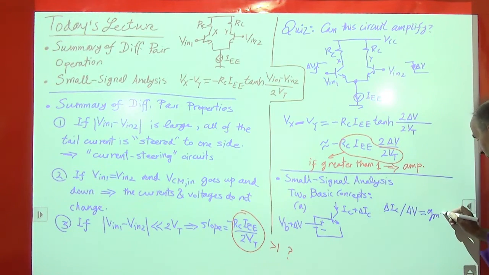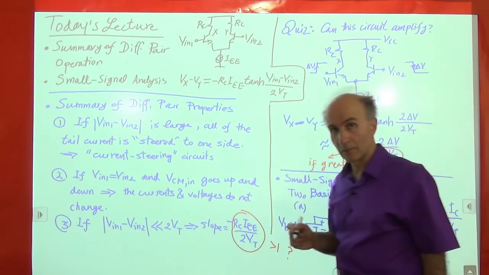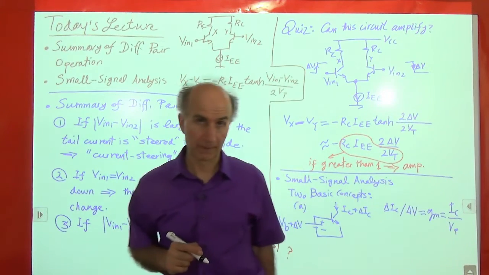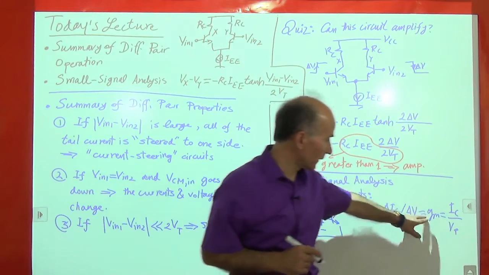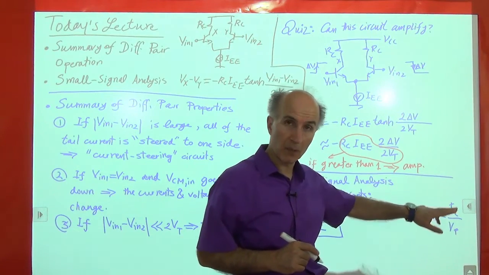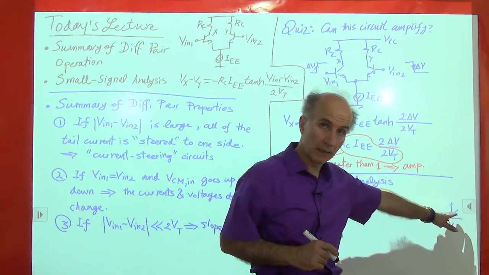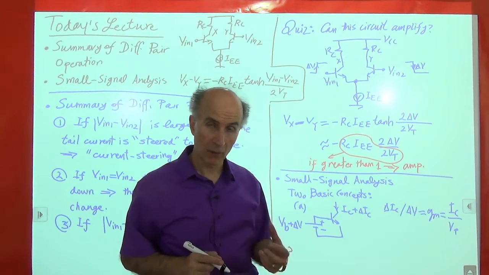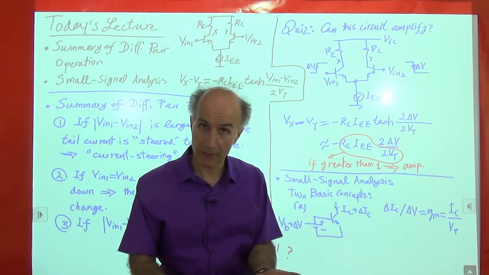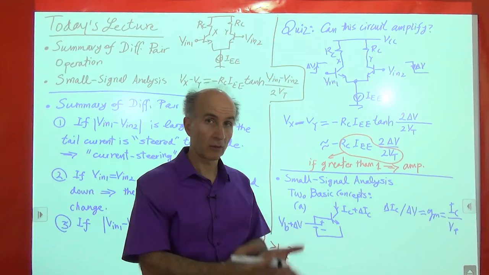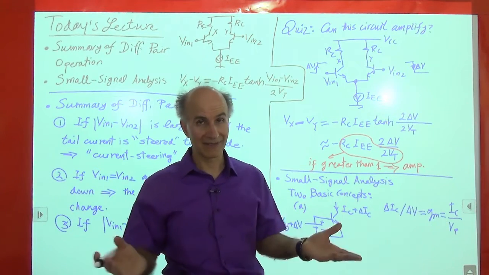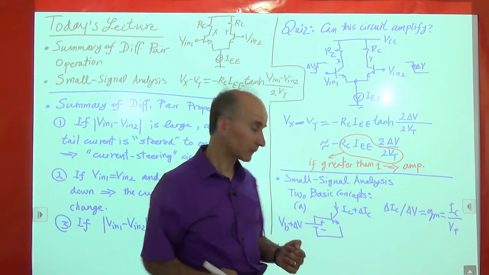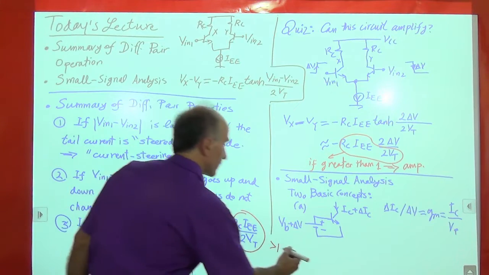And we saw that it comes out to be that bias current divided by VT. VT again is kT over q, 26 millivolts at room temperature. Okay, so that's one thing we need to remember. The transconductance of a bipolar device is given by its bias current divided by VT. And that's why we bias the transistor. If there's no bias current, transconductance is 0, the transistor is dead. So it's not very good. Okay, the second basic concept is this.